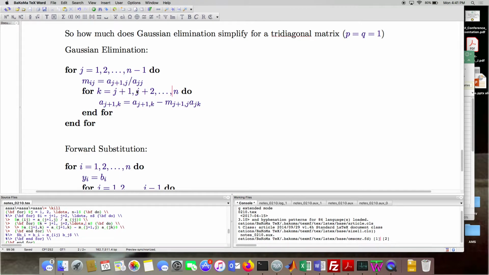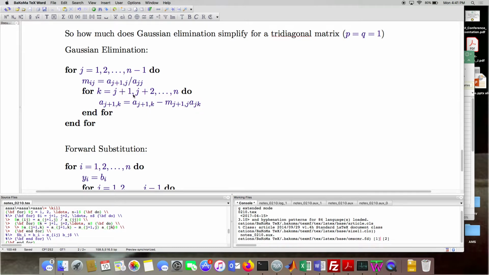But the thing is, AJK is the element you're fetching from row J. If K is equal to J plus 1, then we will have a non-zero entry in that position, because it's on the super diagonal. But if K is greater than J plus 1, that means the row and column indices differ by more than 1. Those entries are 0 in a tridiagonal matrix.